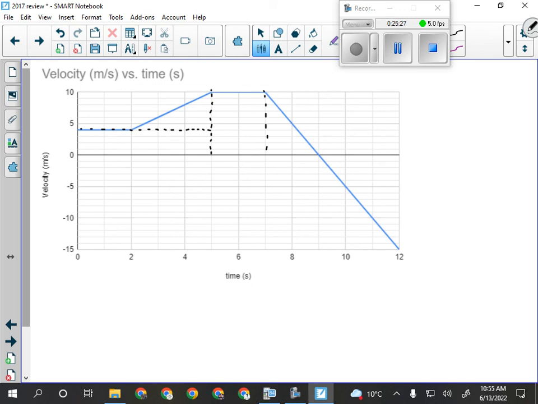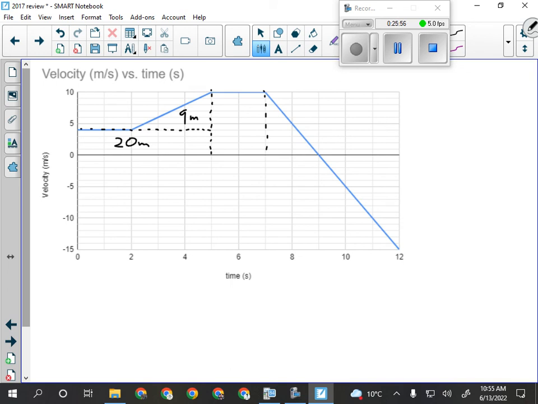So when I'm looking at this, I'm going to have this area here, which is essentially saying it travels at a constant velocity of 4 meters per second for 5 seconds. So 4 times 5 is 20 meters. That part's pretty straightforward. Then I've got this triangle here that runs for 3 seconds on the base and goes from 4 to 10. So 3 times 6 is 18, divided by 2 is 9 meters.